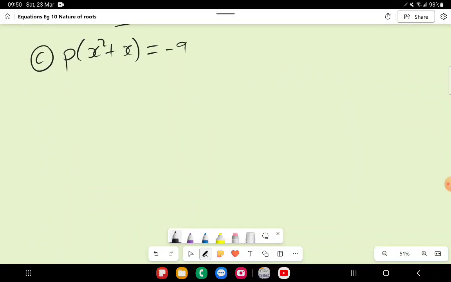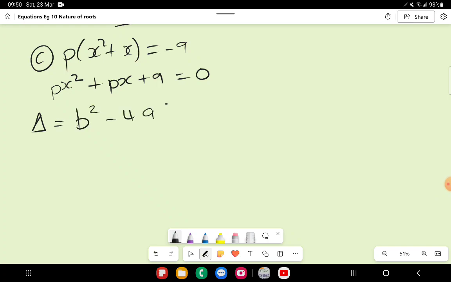First thing, we're going to expand the brackets and we're going to say px squared plus px plus 9 is equal to 0. Now that I have it in that formula, I can go ahead and do delta is b squared minus 4ac, which is p squared minus 4 times p times 9.